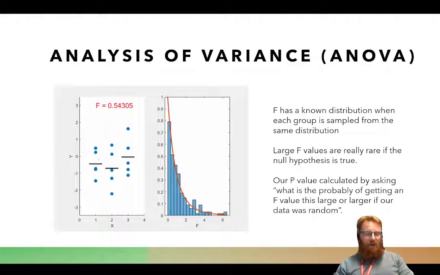But in this case, it's essentially asking, are the means of these groups all different from each other? You need to go and look at it and think about it, and we'll talk more about exactly why it's doing that in the tutorial. But the point is, we calculate our F value, we see that it's large, we see that under the null hypothesis it's improbable to get an F value of that magnitude, and so we decide that the null hypothesis is unlikely to be the case, that these data points are unlikely to have all been drawn from the same distribution.